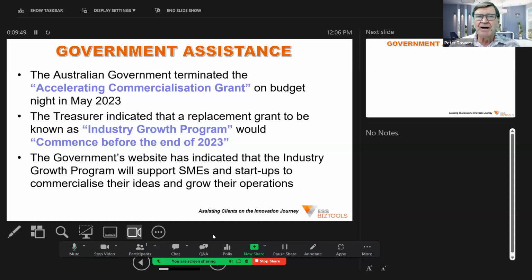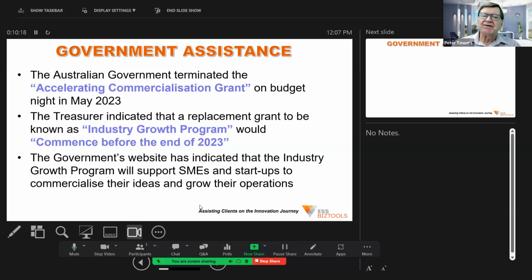AusIndustry are seeking comment on the internet about this new grant. There are some indications that grant money could range from $50,000 to $5 million, but nothing has been finalised yet. So we need to keep watching what happens here, because the Treasurer has committed the government that this will be announced sometime later in 2023.